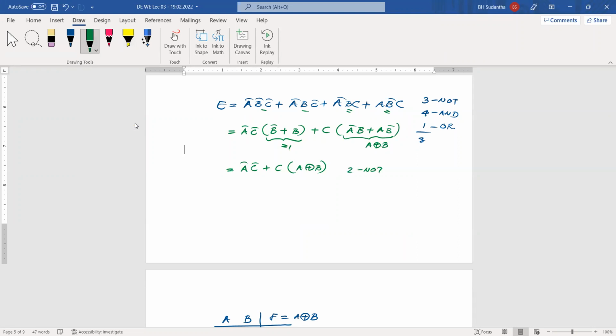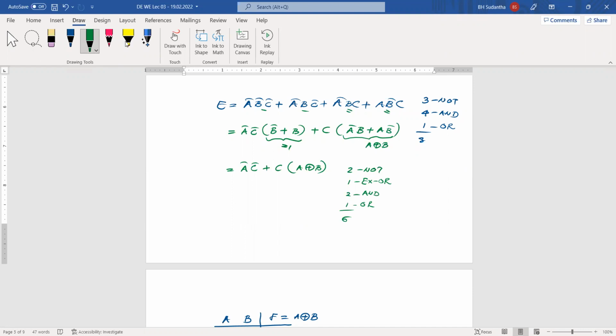Then 1 exclusive OR gate and 2 AND gates and 1 OR gate. Altogether, we have 6 gates. We have reduced the number of gates.